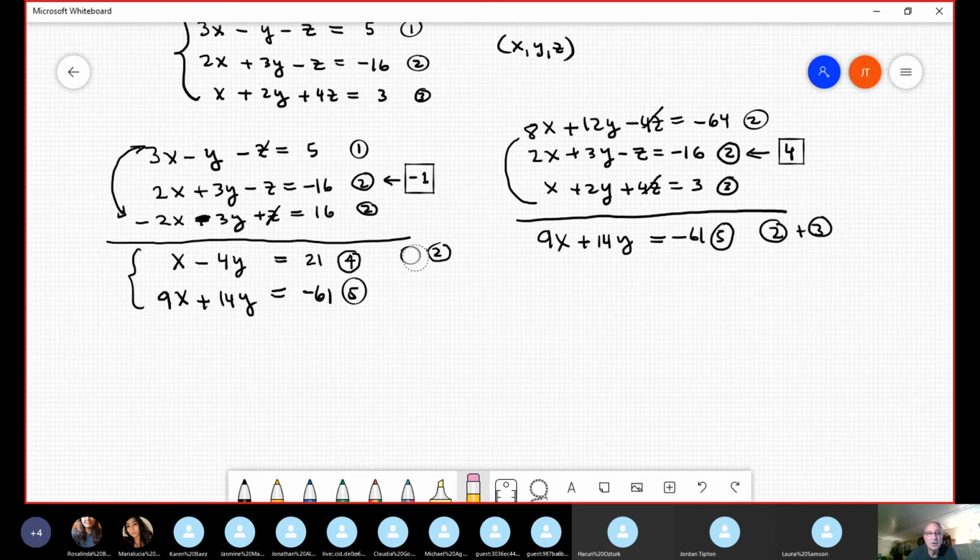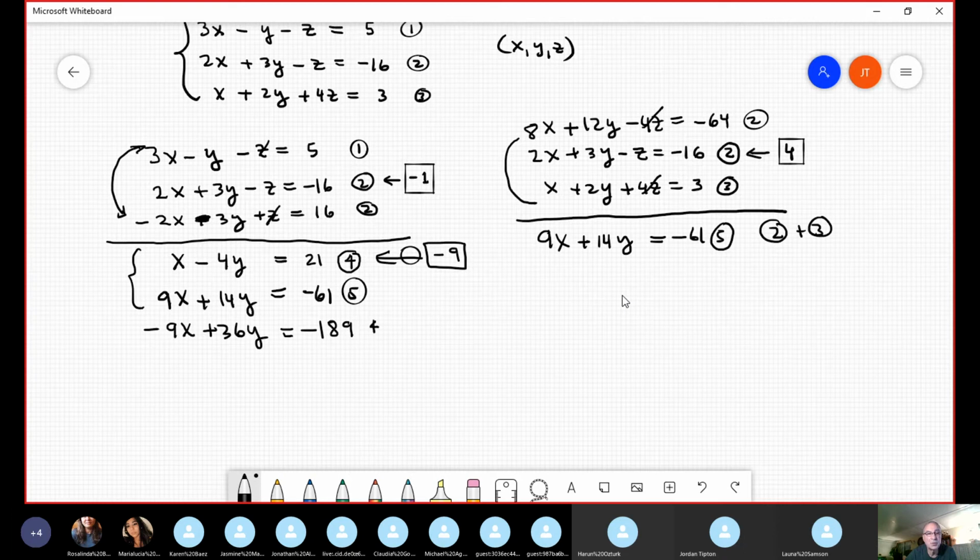Okay, so now let me see. I want to erase that part. I can realize that if you multiply this equation by -9, -9 is a factor. This entire equation by -9 gives -9x, because -9 times 1 is -9, plus 36y, because negative 9 and negative 4 is positive 36y, and 21 times 9 is negative 189.